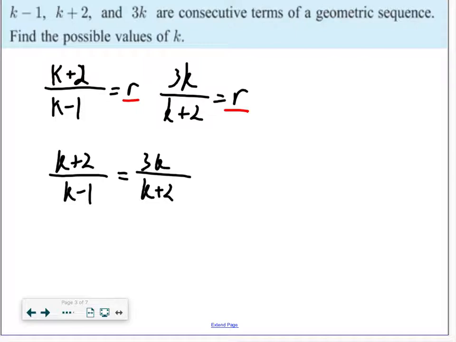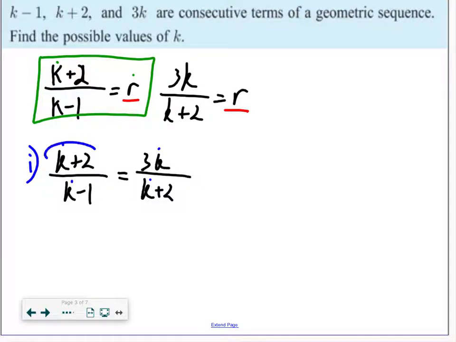Notice, at the earlier step, we cannot solve for k because we have two variables, k's and r's. But as we do our substitution and equate our values, now we have a single equation with only k as the variable, so we should be able to solve that. Because I have ratios here, I'm going to cross multiply to undo my division.